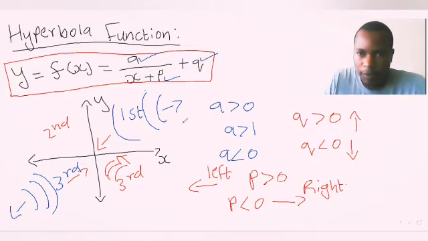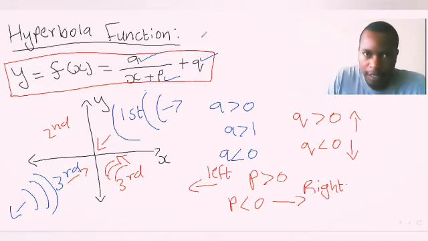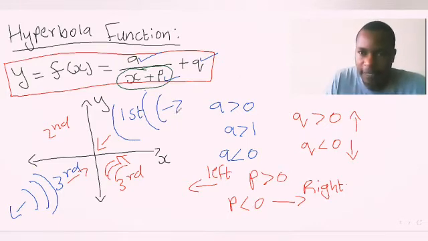P and Q also have use. So now P would be the vertical asymptote. So that would be the value that the graph itself cannot reach. If you were to look at this, I want to just make you aware of the X plus P. If X plus P equals 0, then you have an undefined graph.